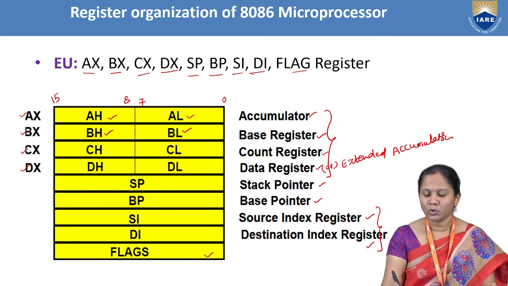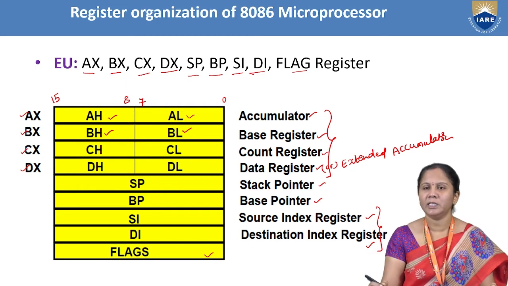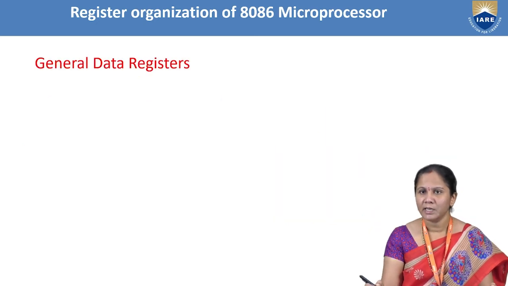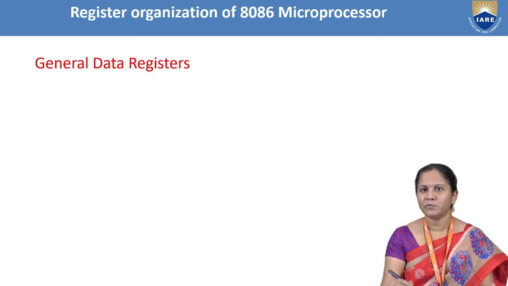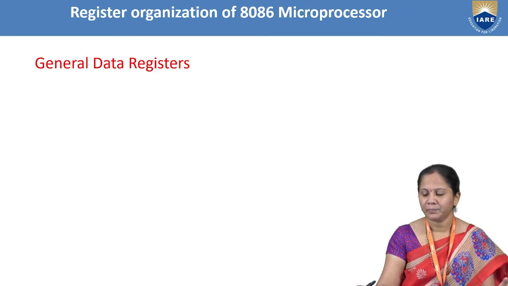And here source index register and destination index register. So these 2 registers are 16-bit registers. They will be used during string operations. And here you can have flag register. So this flag register is a 16-bit register. The status of ALU will be reflected on the flag register.